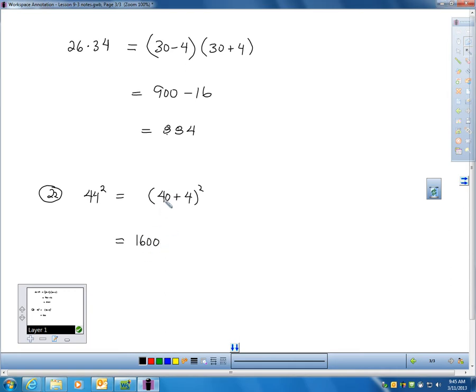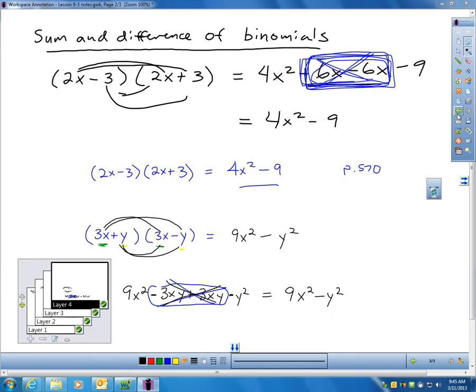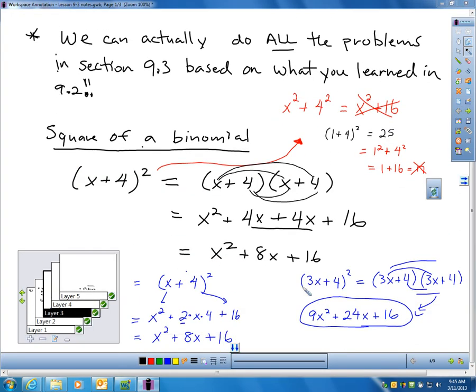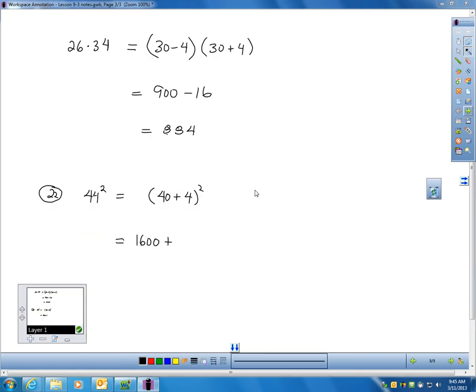If you take 40 times 4, which is 160, and double it, remember, that was the shortcut we learned on our first slide. When we have a square of a binomial, we take our two terms, multiply them, and double it, which is what I'm going to do here. So I have 40 times 4, 160. 160 doubled is 320. And then I have 4 squared, which is 16.